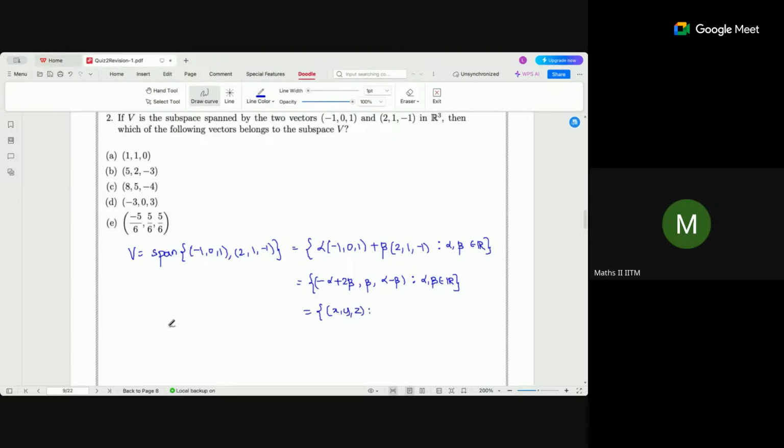The very easy thing: minus alpha plus 2 beta is your x, your beta is simply y, and alpha minus beta is z, right? So now what can you observe? Let me say this is equation 1, equation 2, equation 3. So what is 1 plus 3 giving you?